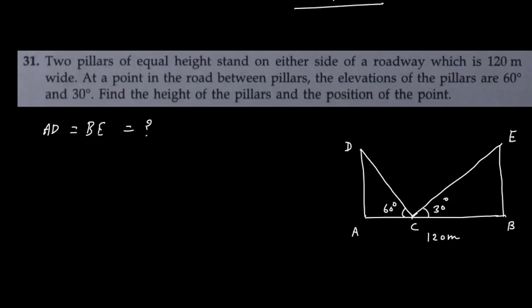Let us denote this as Y, which is unknown. And then I have to find AC. So AC we consider as X. Then this BC will become 120 minus X.